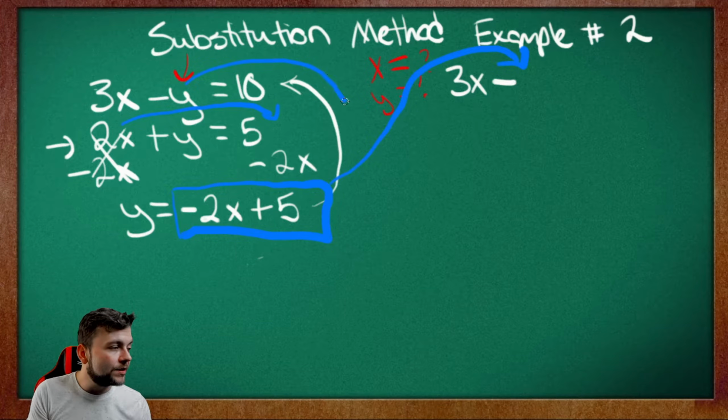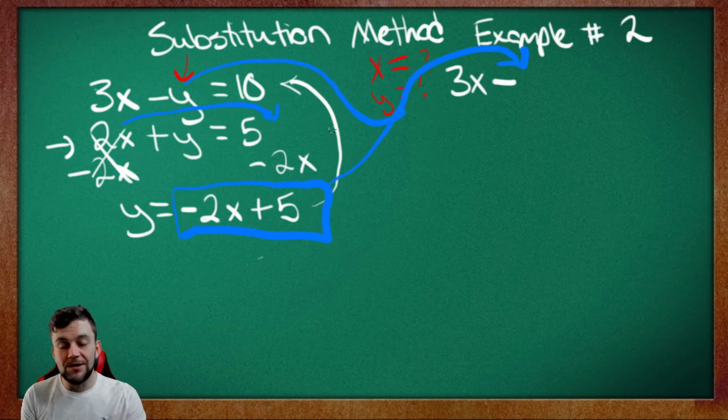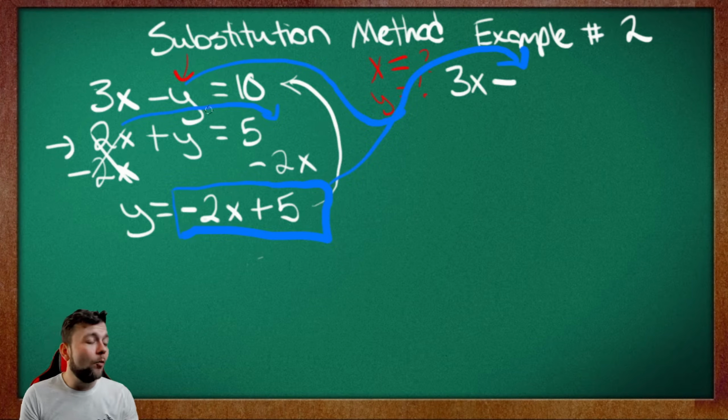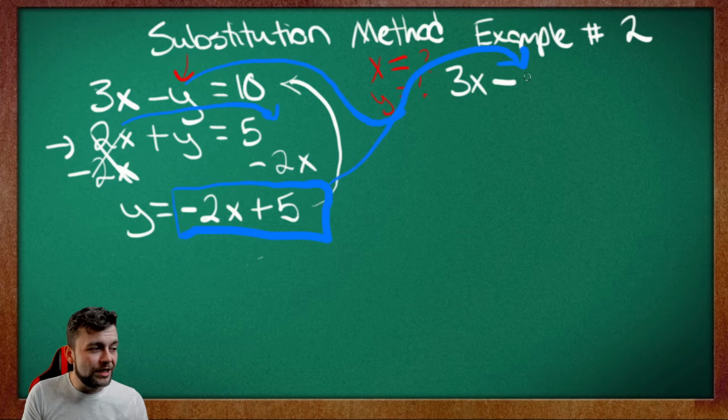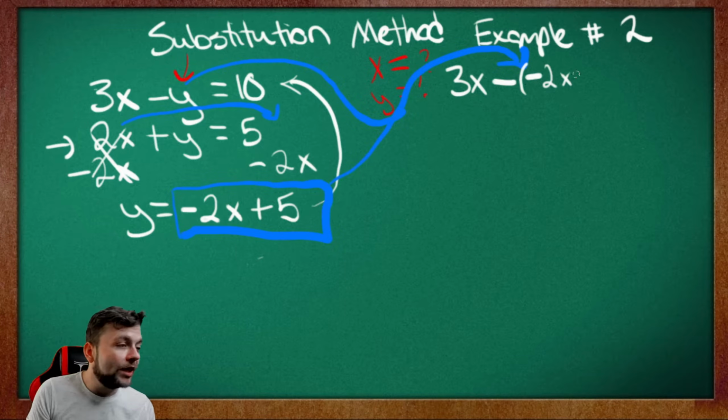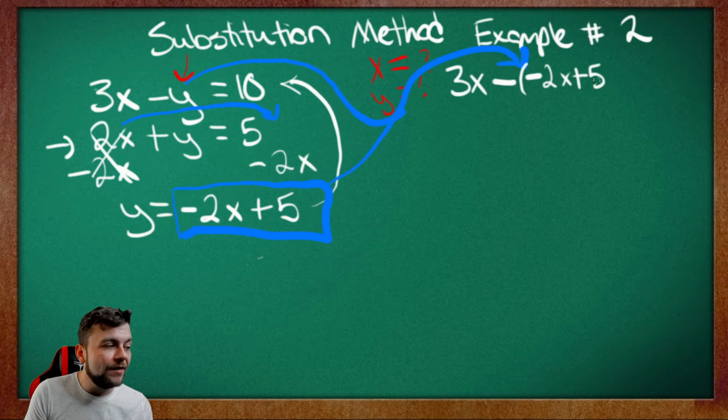So this is like the current. If it's a river system, this is like the current here. That's why I'm doing these things. Okay. So it's -2x, this is all in parentheses, -2x plus 5, end parentheses, and that equals 10.